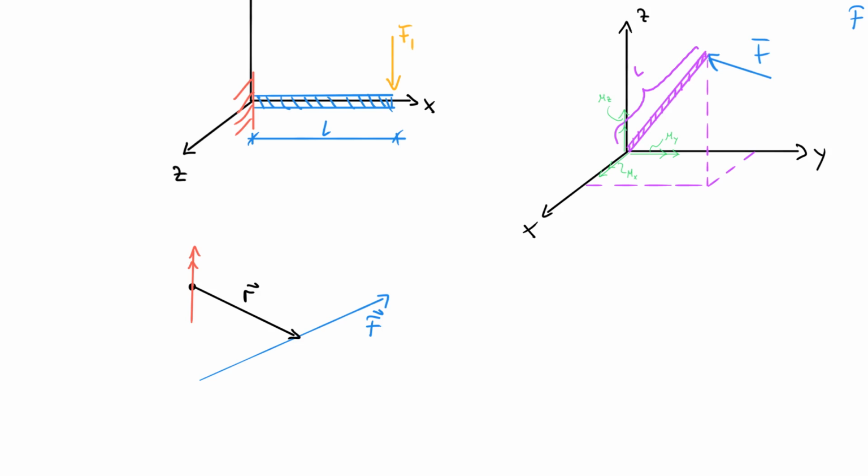And to properly describe this, of course, we need to know that we have an angle here. Let's call that angle theta. And we kind of talked about this already, but let's reinforce this, that our formula is usually M about the origin, so MO, in any space direction now, is really nothing else than R cross F. And of course, these are vectors, and therefore the moment actually becomes a double vector, right?